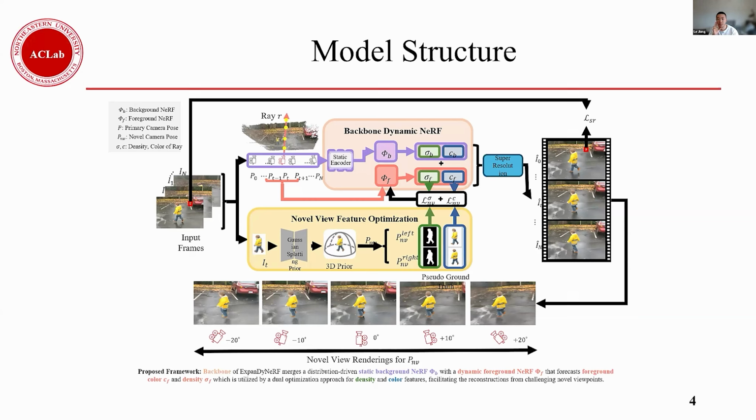We then update the color and density features through dedicated novel view losses, enhancing the representation across many perspectives. We choose Gaussian splatting for the prior because it strikes the right balance between training efficiency and rendering quality, and is perfect for generating high-fidelity pseudo GT without dominating the total training cost.